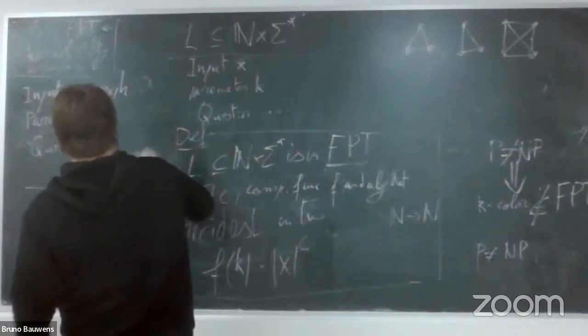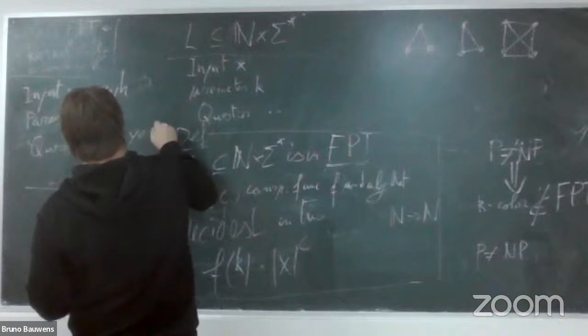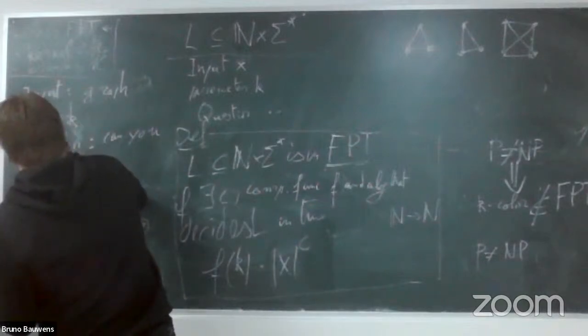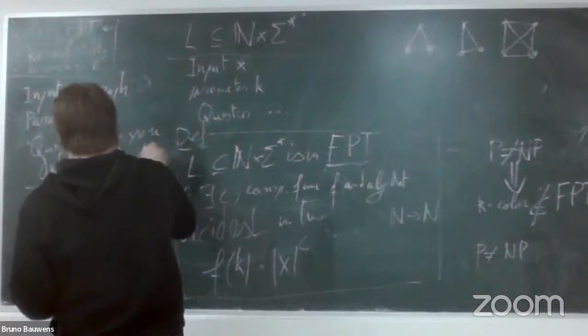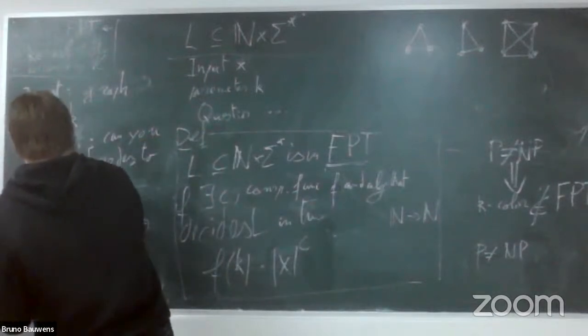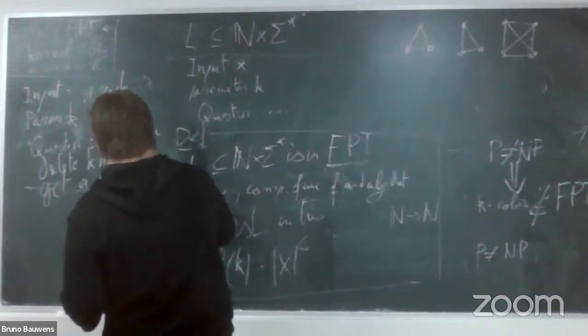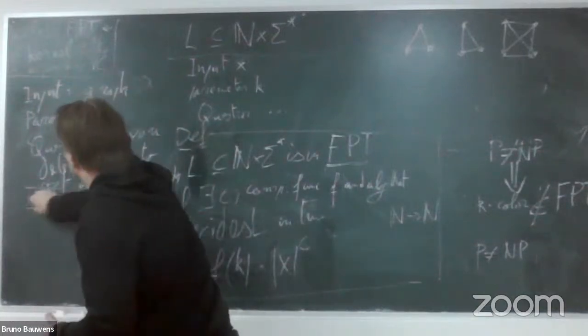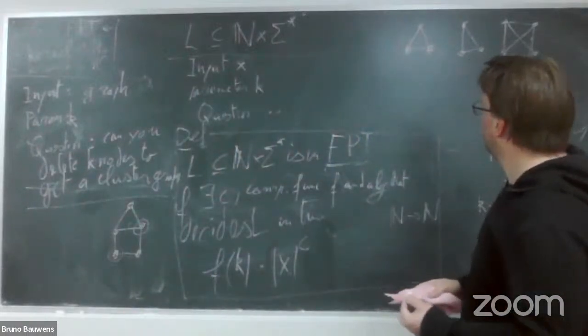So the question: can we use at most k deletions of nodes to get a cluster graph? A cluster graph is a disjoint union of cliques.